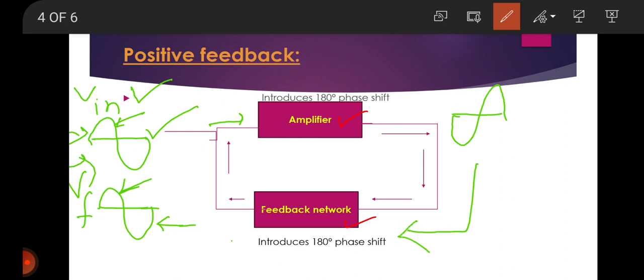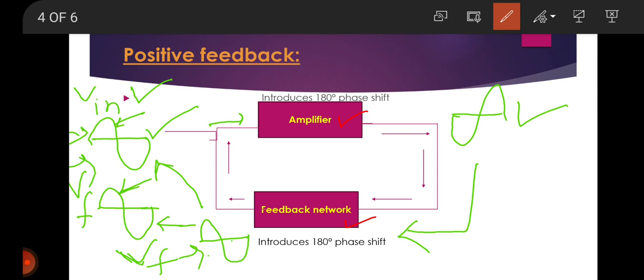Now the feedback network also introduces a 180 degree phase shift. Therefore, after another 180 degree phase shift, this wave is now this. This is our feedback voltage, and this feedback voltage is in phase with the input voltage.